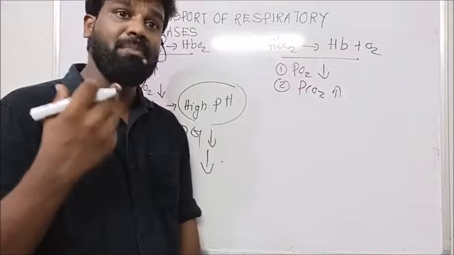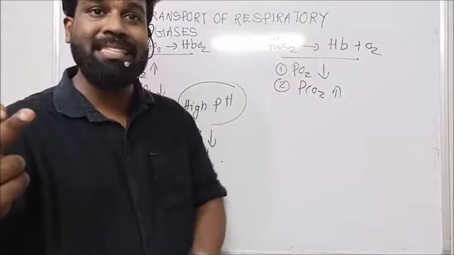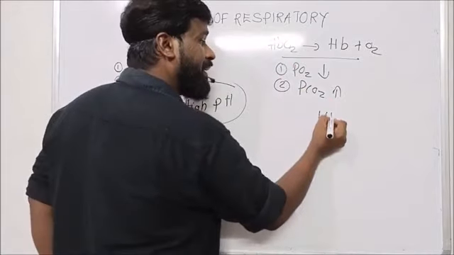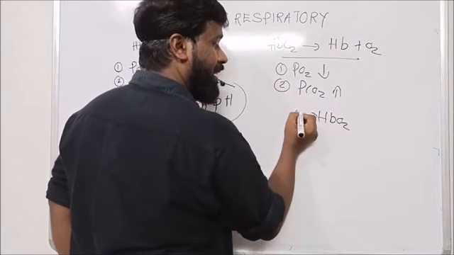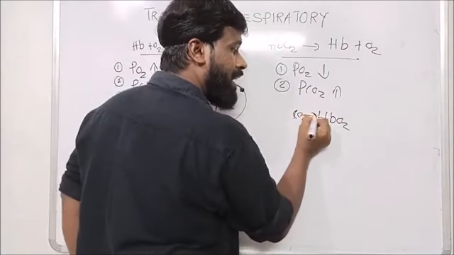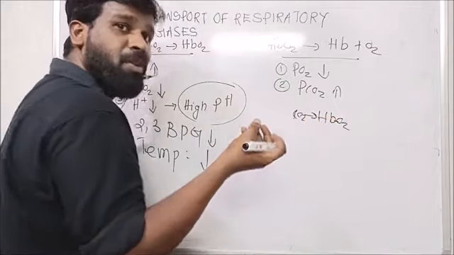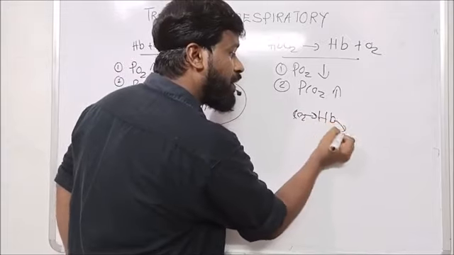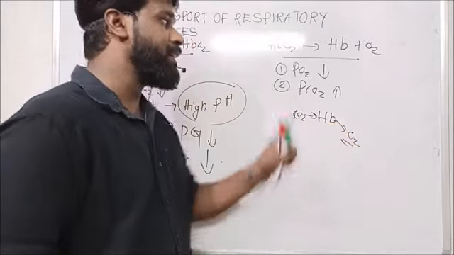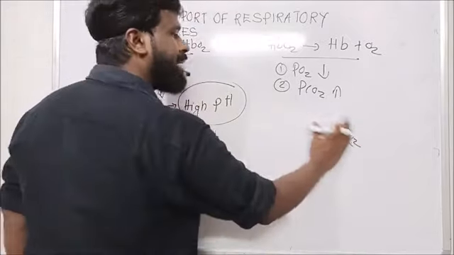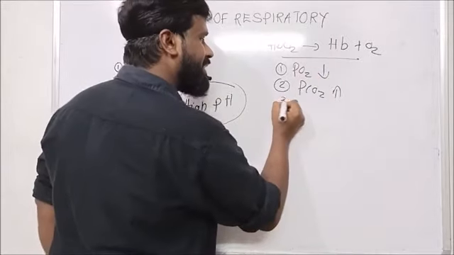We know when carbon dioxide concentration increases, carbon dioxide binds to hemoglobin. What happens when this carbon dioxide binds to the amino end of hemoglobin? The bond between oxygen and hemoglobin is broken, causing the unloading of oxygen from hemoglobin. So another factor, PCO2: high PCO2 is favorable for dissociation.